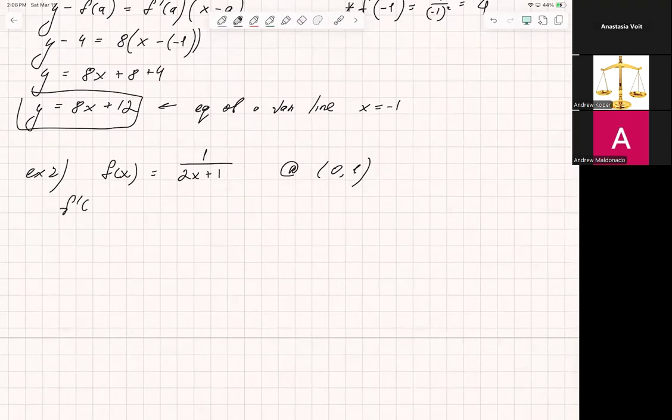So f prime of a, again, we will be using that formula, f of a plus h minus f of a divided by h as h goes to 0.